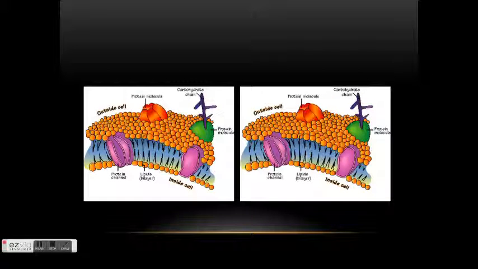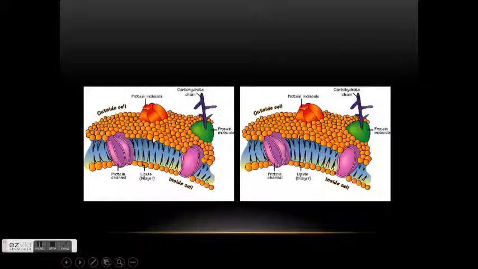This is a picture of a lipid bilayer, and this is the picture that you're going to be writing down for your project, and also in your notes. You can see the orange balls up here, they are phosphates. They are hydrophilic, meaning that they like water. These are polar.